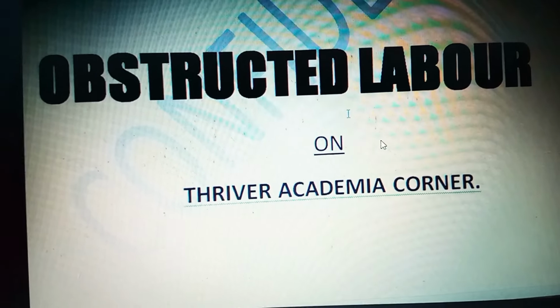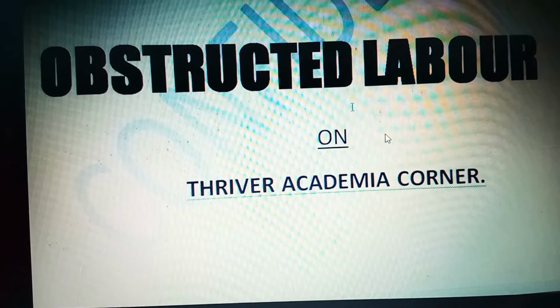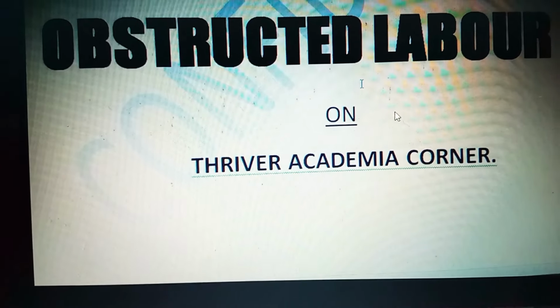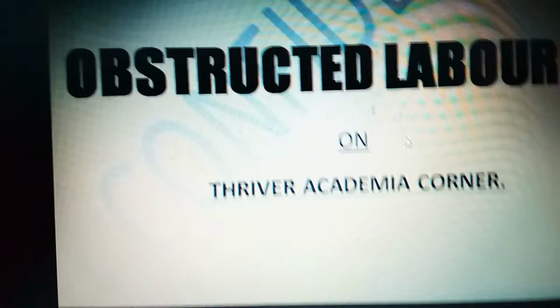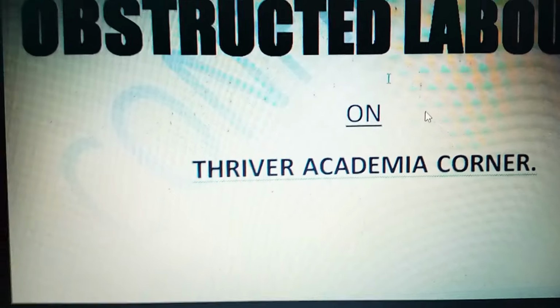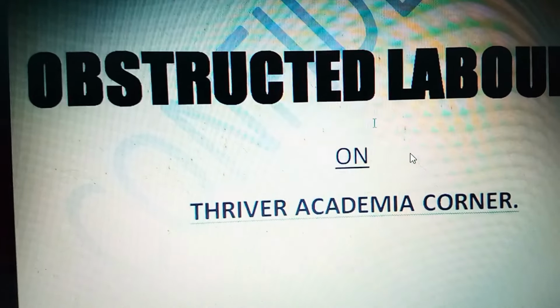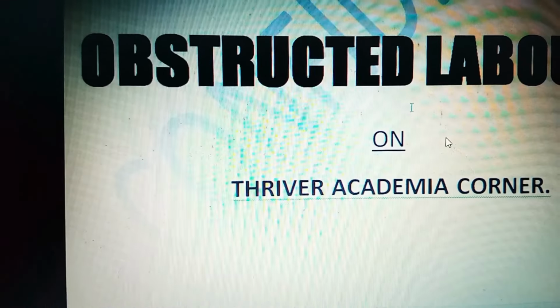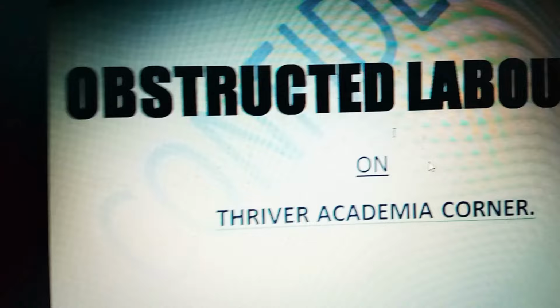What are the causes of obstructed labor that can cause an obstruction in the passageway of the fetus? One, we have contracted pelvises. They cause CPD.